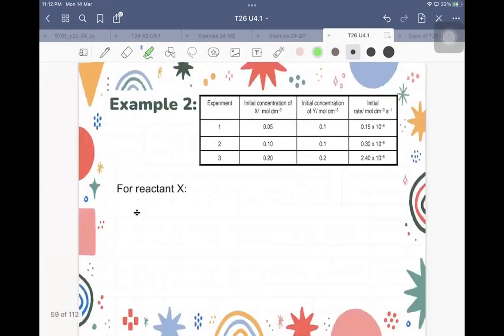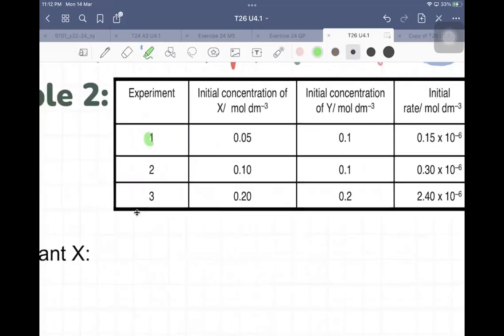So experiment 1 and experiment 2, because the concentration of Y stays unchanged, and the only thing that's changing is the concentration of X. You can see the concentration in experiment 1 is 0.05. In experiment 2, it's 0.1.